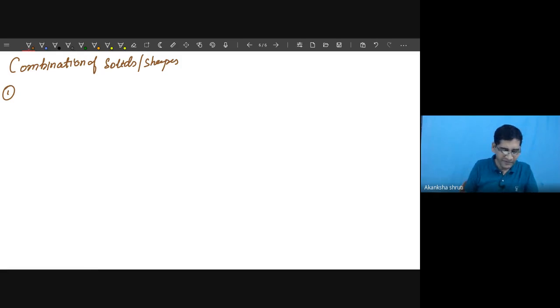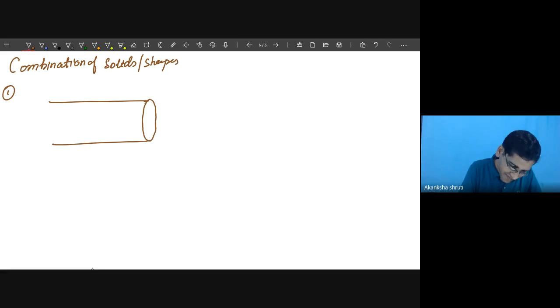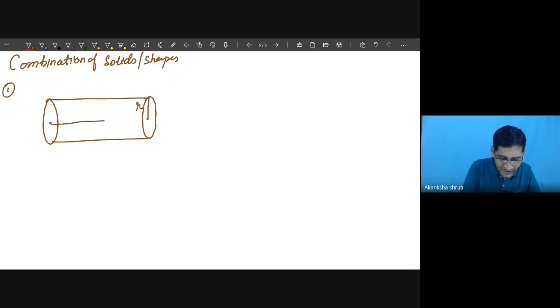The first one, let me take a cylinder. This is the cylinder that I am taking. It is a regular right circular cylinder, though drawn horizontally. So don't worry for it. The radius is always the same.